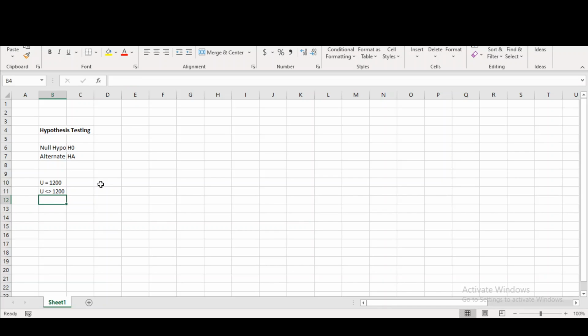If my p-value is greater than 0.05, then we will accept our null hypothesis, else we will reject our null hypothesis.